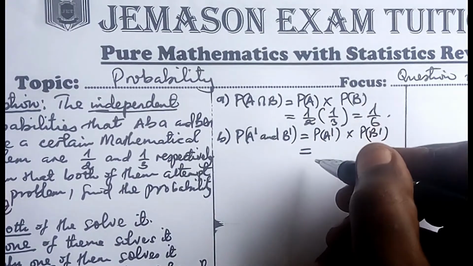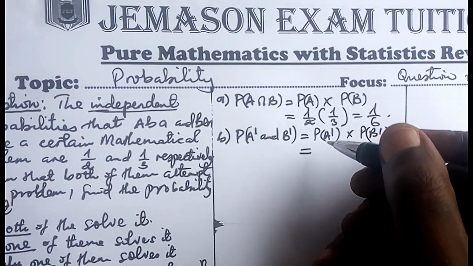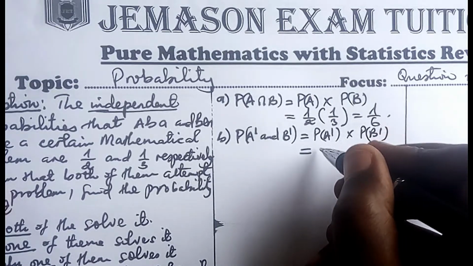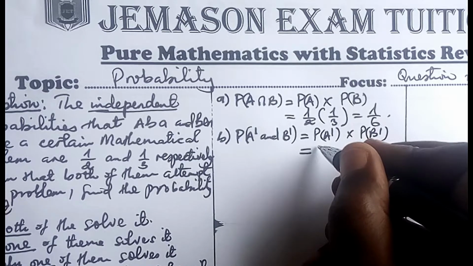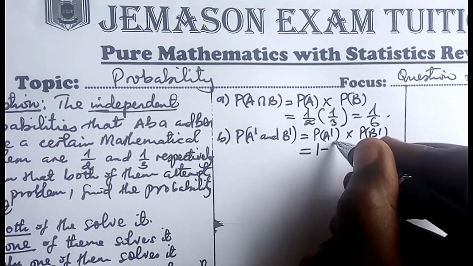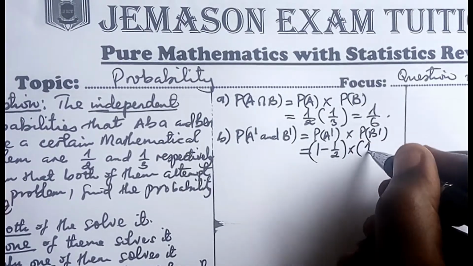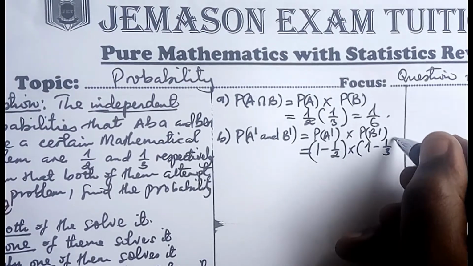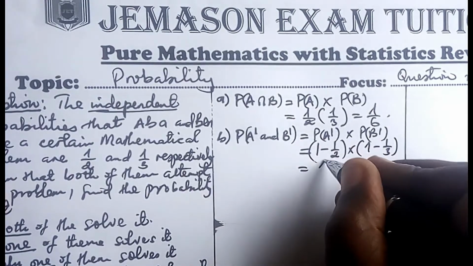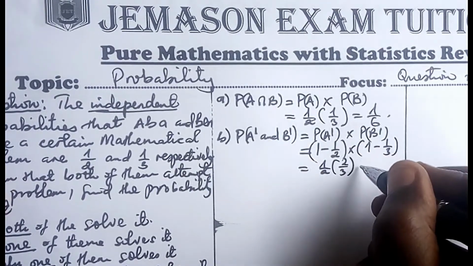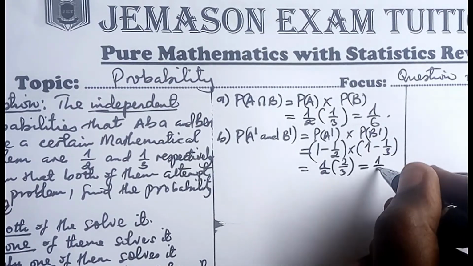Now A prime is simply 1 minus A. So the P of A prime is 1 minus P of A. P of A being half, I should be talking of 1 minus half times 1 minus 1/3. This gives half into 2/3, which is 1/3.